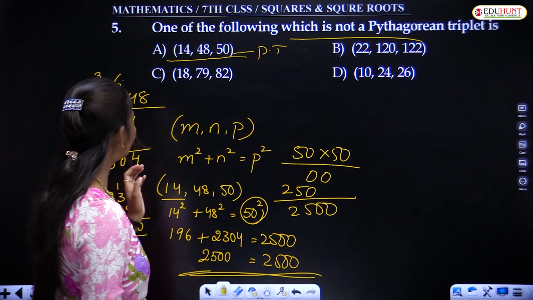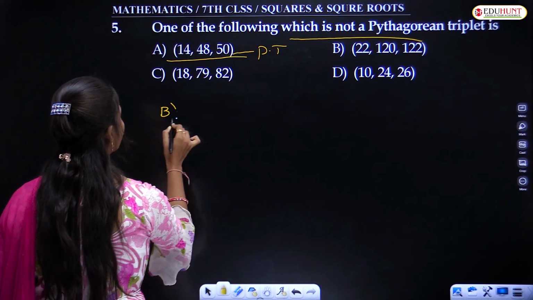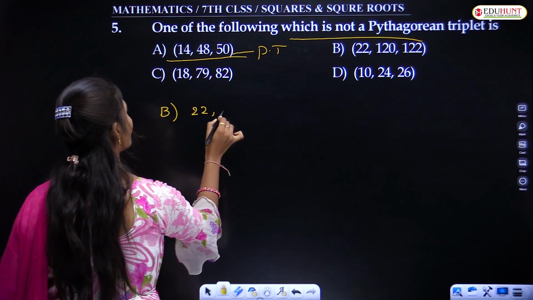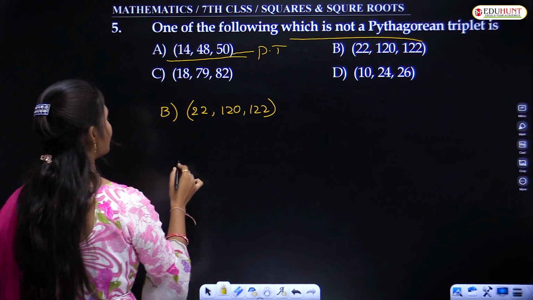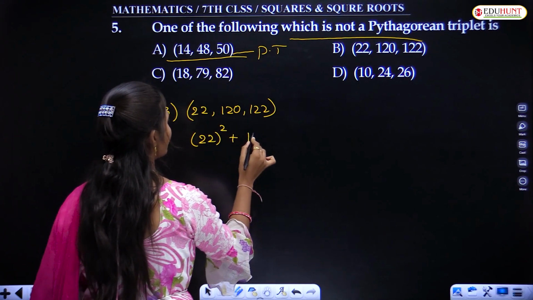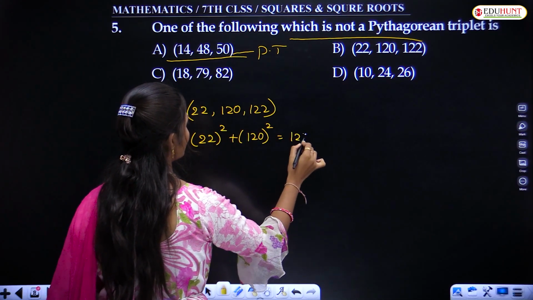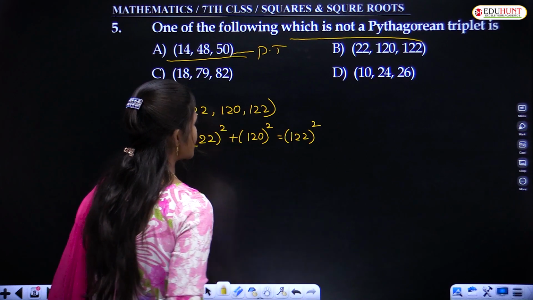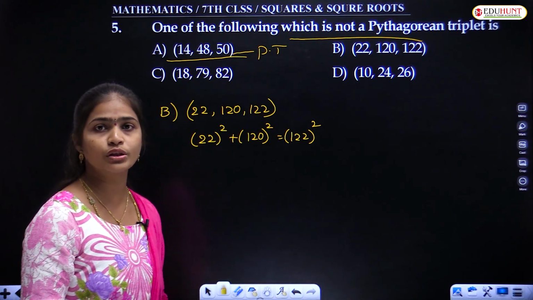Let us take the second option, 22, 120 and 122. Is this a Pythagorean triplet or not? 22 whole square plus 120 whole square should equal 122 whole square. Is it satisfying or not? 22 into 22 is how much? Do you know that value?